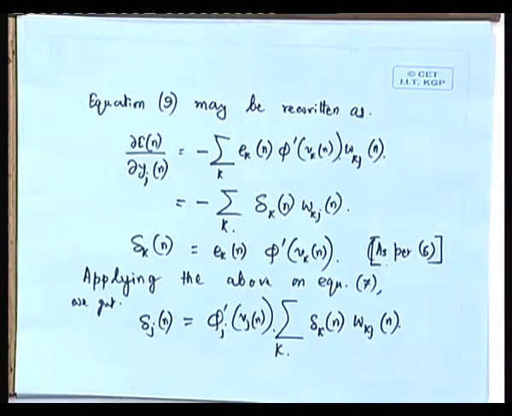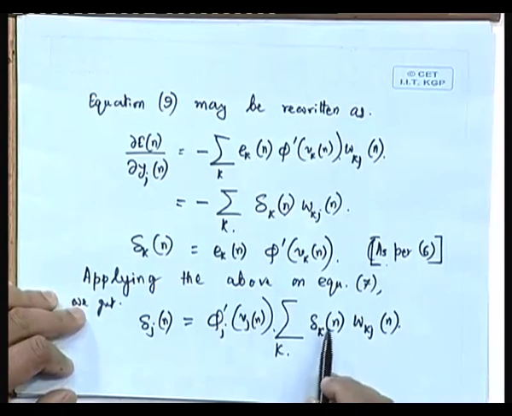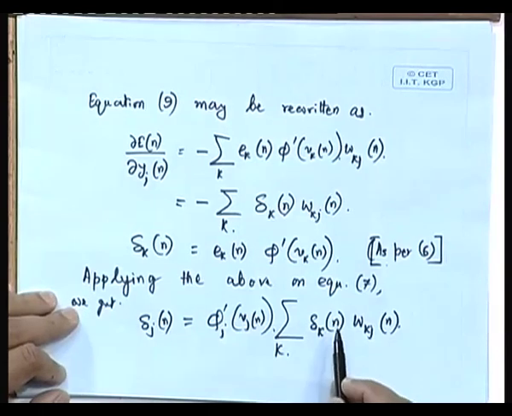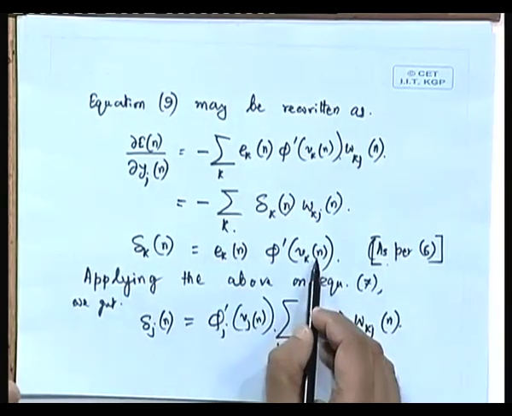So to compute delta j, the signal flow that we are getting is very interesting. We are calculating all these deltas. Deltas are nothing but E times phi dash, according to our definition.